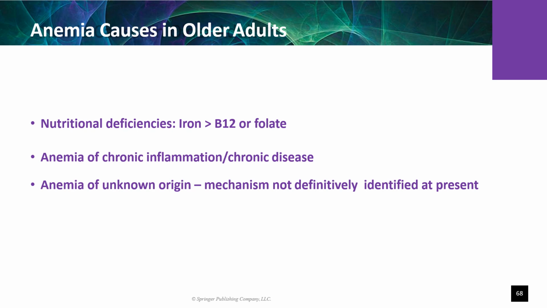Three forms of anemia are prevalent in older adults: anemias related to nutritional deficiency of iron, vitamin B12 or folic acid, anemia of chronic disease, and anemia of unknown origin. Anemia of inflammation is generally seen in older adults, particularly in patients with chronic illness, cancer, and rheumatoid disorders.